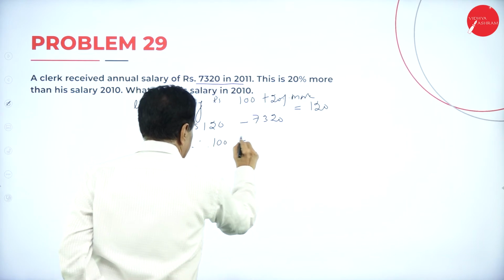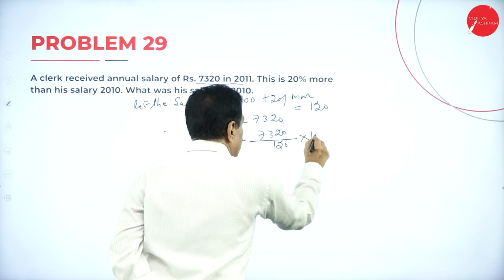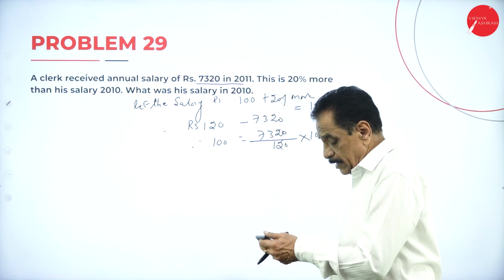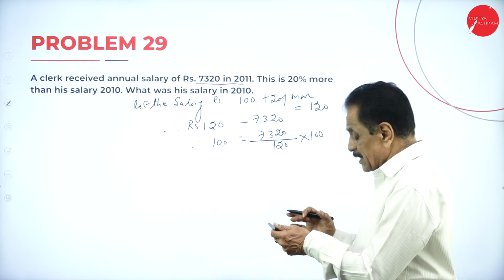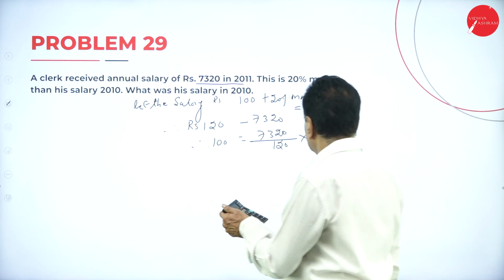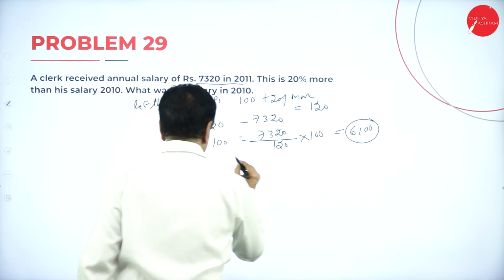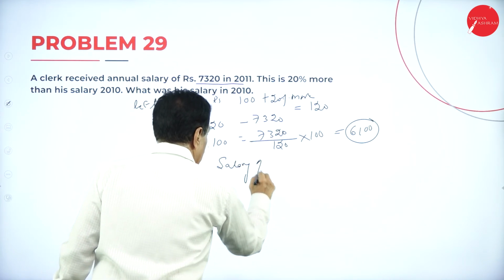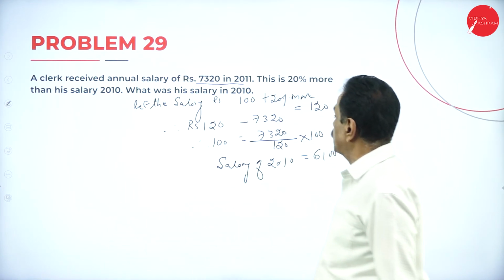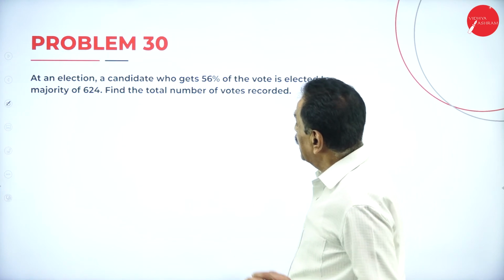For 100, 7,320 divided by 120 into 100 works out to 6,100. That is the salary of 2010.